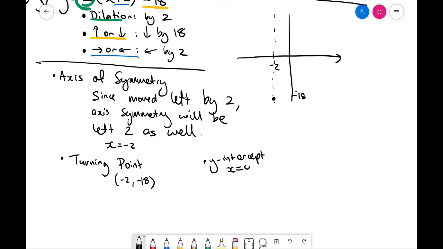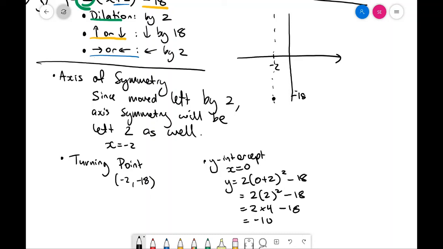So it's when x is equal to 0. So you go y is equal to 2(0 + 2)² − 18. So that'll give you 2 times 2 squared minus 18. So 2 squared is 4, and that'll give you minus 10. So it's going to intercept up here at minus 10.